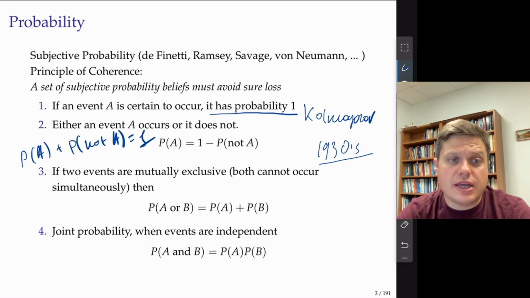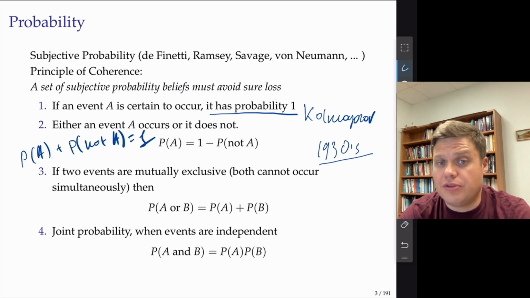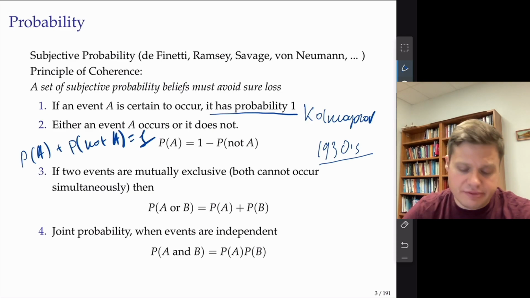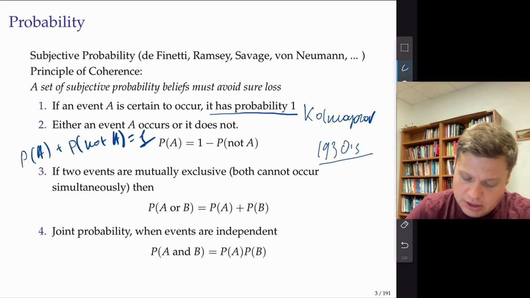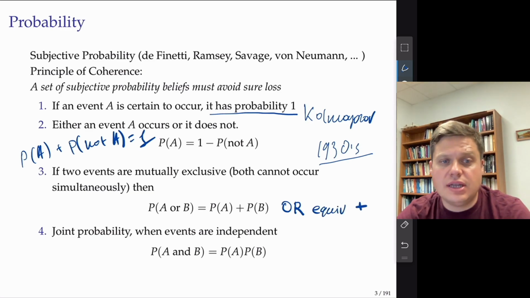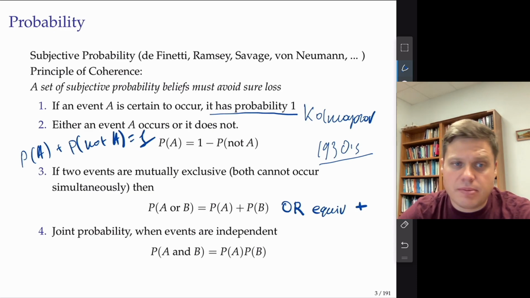The third rule says if two events are mutually exclusive, meaning both cannot occur simultaneously, then the probability of A or B happening is just the sum of the individual probabilities. So you should remember that OR is equivalent to plus. Whenever we have OR statements, we sum up probabilities.